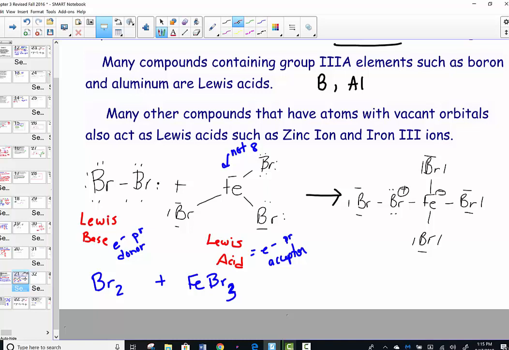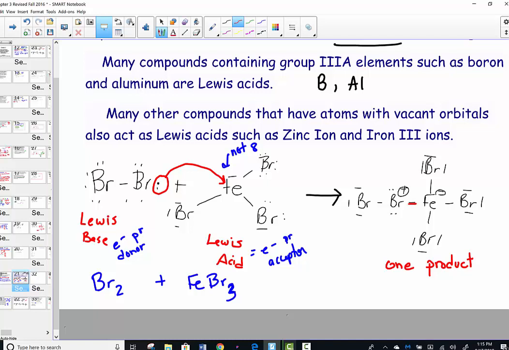Notice that a pair of electrons on the bromine attached or hooked onto, bonded with the iron that was electron deficient. So now on the product side, we have one product, not conjugate pairs like the Bronsted-Lowry, but one single product.